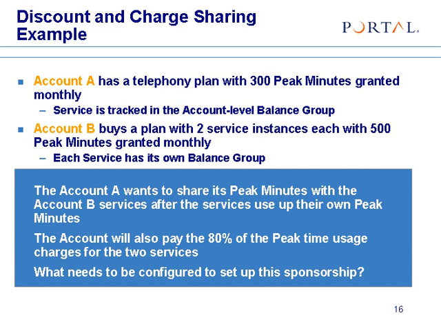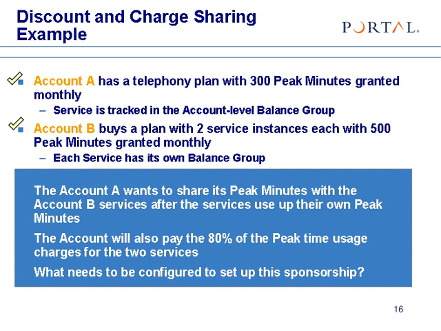So this is an example of what I might do as far as setup goes using both charge sharing and discount sharing. In this particular case, account A has a telephony plan with 300 peak minutes granted monthly. This service is going to be tracked in an account level balance group. And then account B has two plans with two service instances, each with its own balance group, so it has its own set of peak minutes which are granted monthly.